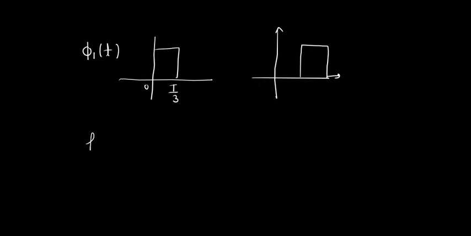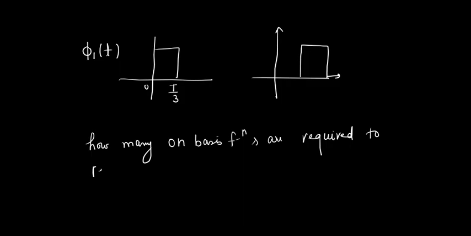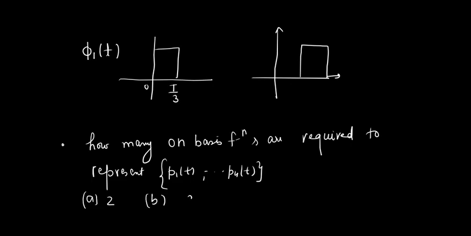So, how many orthonormal basis functions are required to represent p1(t) up to p4(t) of this example? A: 2, B: 3, C: 1, D: none, or 4.